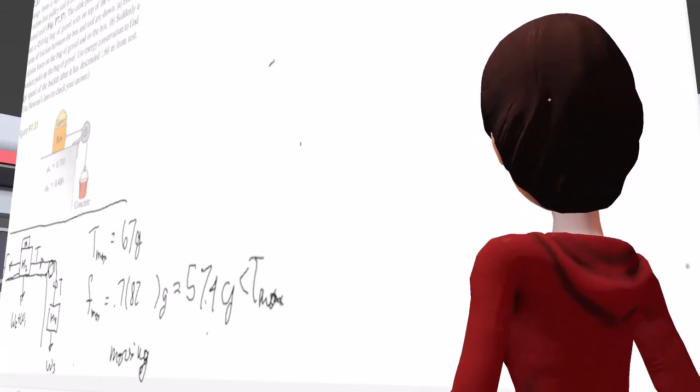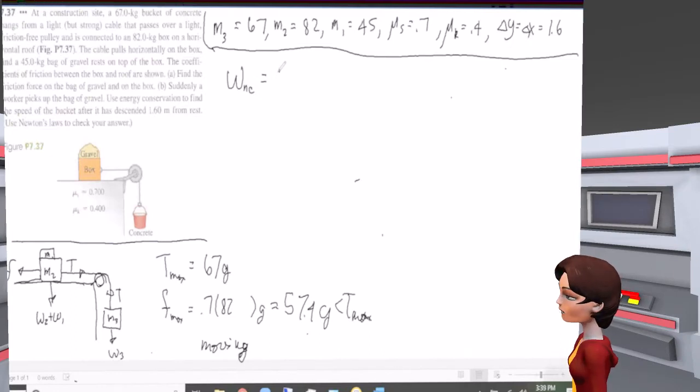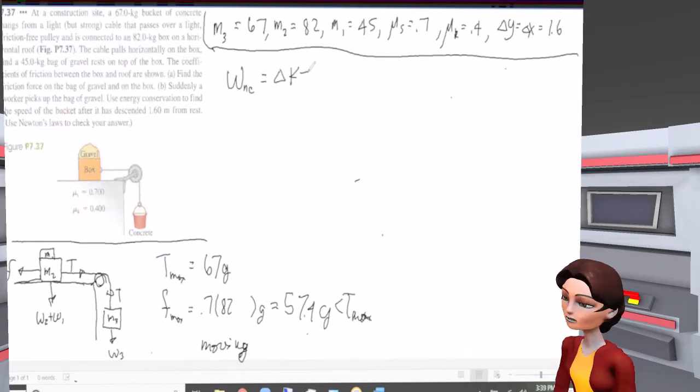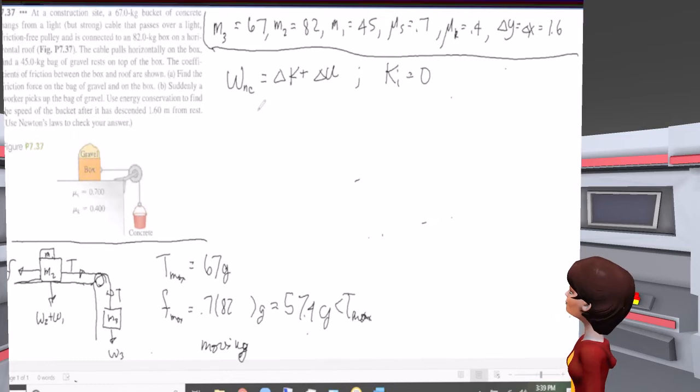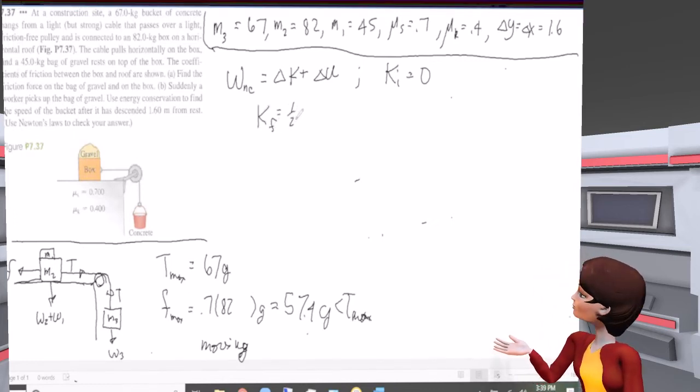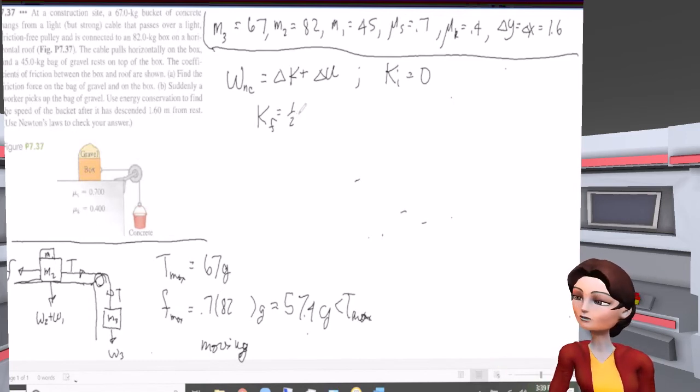Using the work-energy theorem, that the non-conservative work is equal to the change in kinetic energy plus the change in potential energy, given that the system starts from rest, so that the initial kinetic energy is zero. Let's solve this then for the total final kinetic energy.